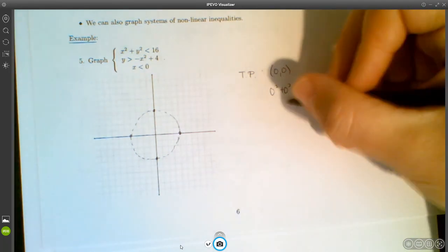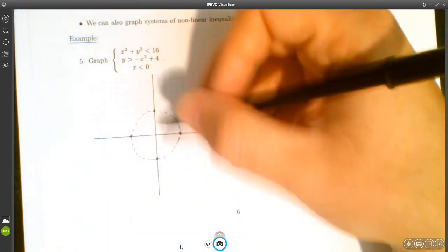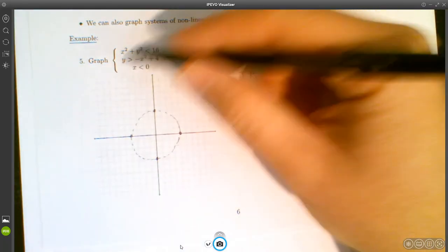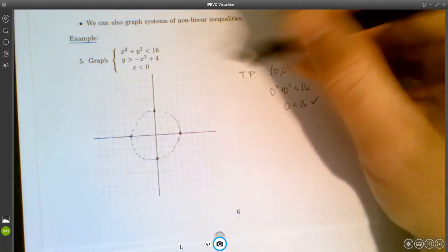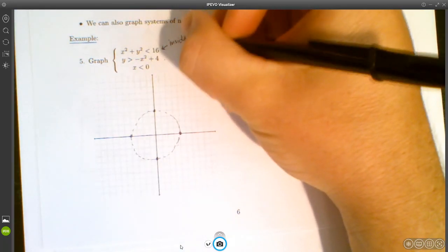Well, 0 squared plus 0 squared is indeed 0, which is less than 16. So that tells me that yes, I'm going to be shading on the inside of this circle. I'm not going to shade it yet because I have some other curves to graph first, but I know I'm going to be shading on the inside of that circle.